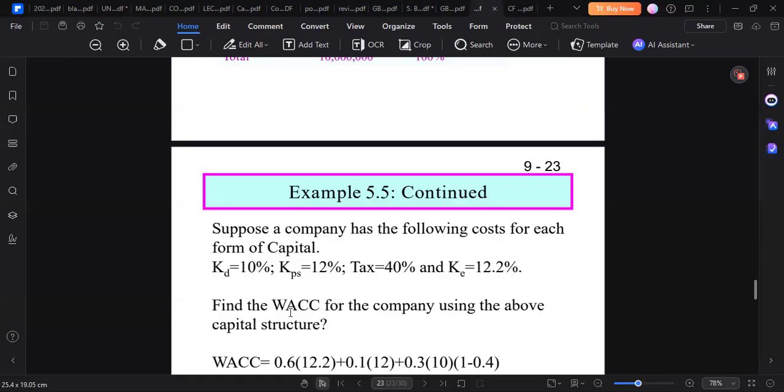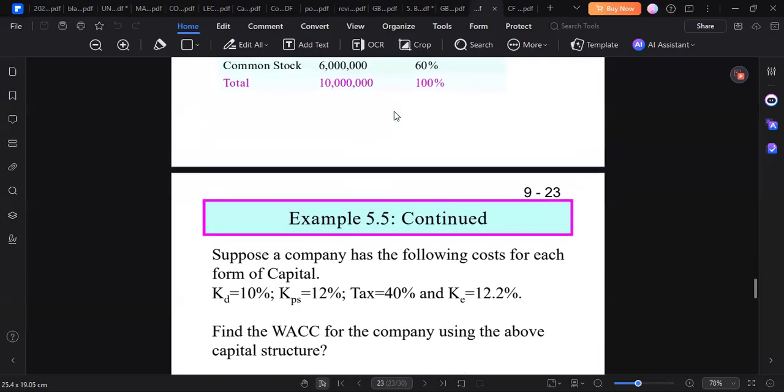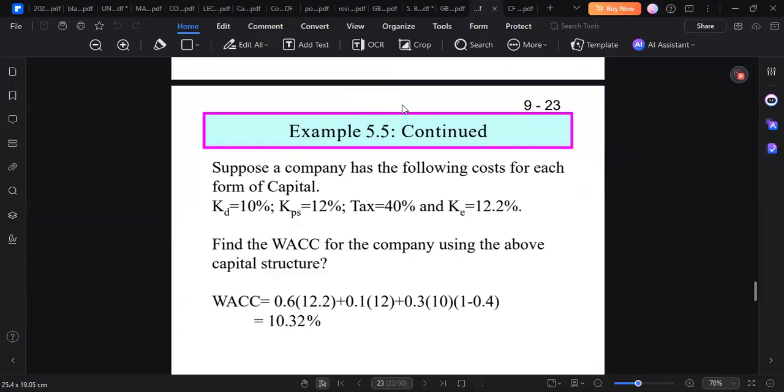WACC. So using the formula above, the weight of equity was how much? 60%. So weight of equity 60% times the cost of equity 12.2.